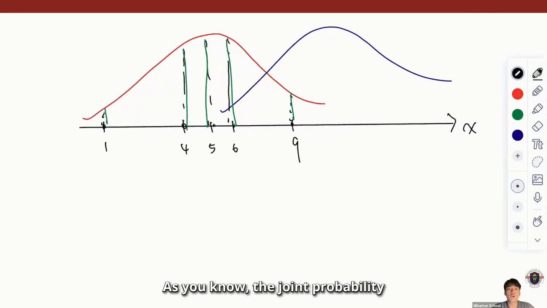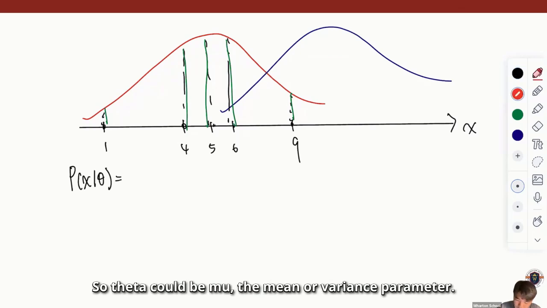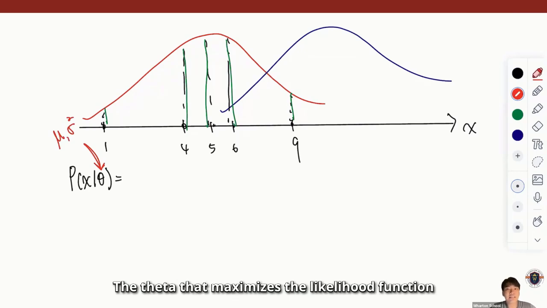As you know, the joint probability density function for the entire sample set is called the likelihood function. So I'm going to say the likelihood function is P of X given theta. Theta could be mu, the mean, or variance. The parameter theta that maximizes the likelihood function is considered the most plausible value, the estimate theta hat.